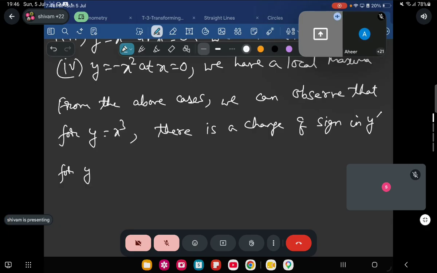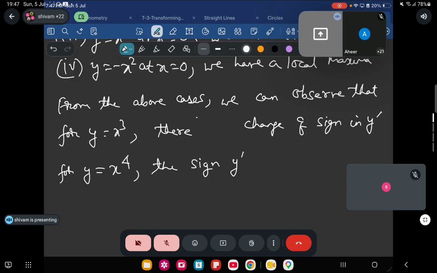And for y equal to x to the power 4, the sign of y dash, there is no change of sign in y dash.